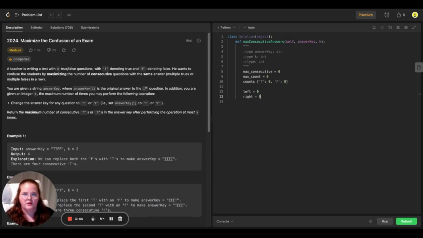So while right is less than the length of answer key, then we need to increment the counts in the dictionary.